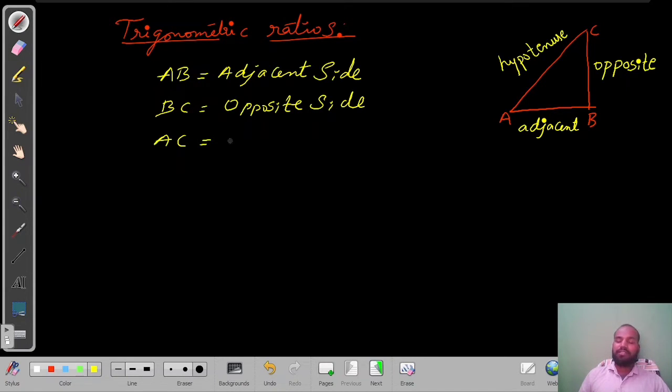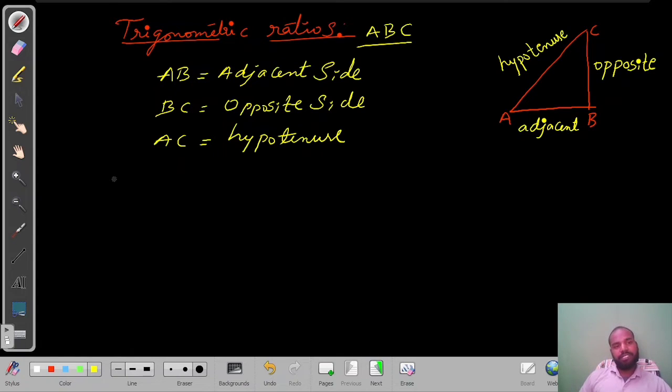AC or CA, your wish, that is the hypotenuse. So in right angle triangle ABC, AB is the adjacent side, BC is the opposite side, and AC is the hypotenuse. Am I clear? Right. Now moving to trigonometric ratios.